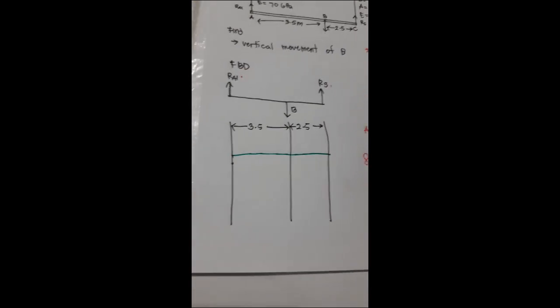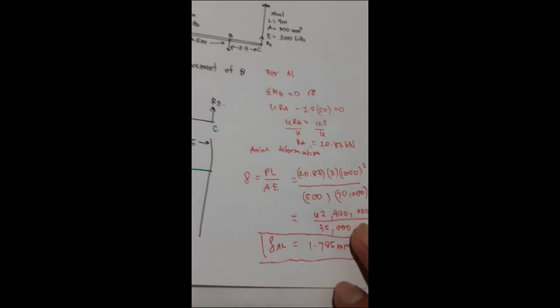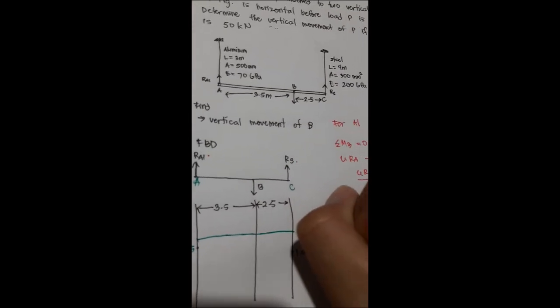So our value here would be for A, 1.785, and, okay, I forgot to write ABC. And for C, for the steel, we have 1.945. So let's just denote this point here as 1.945.